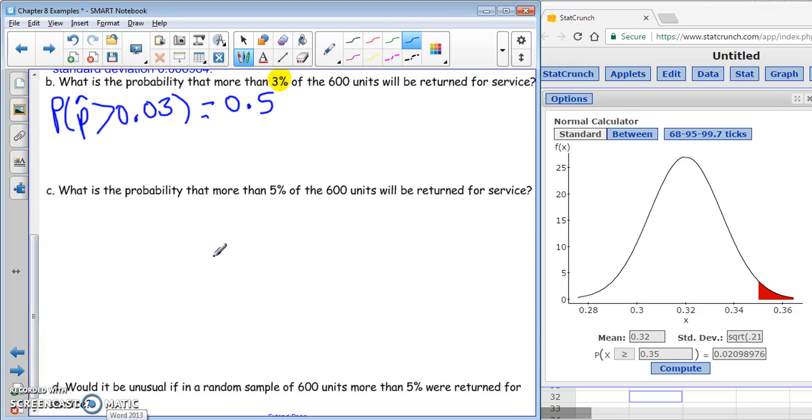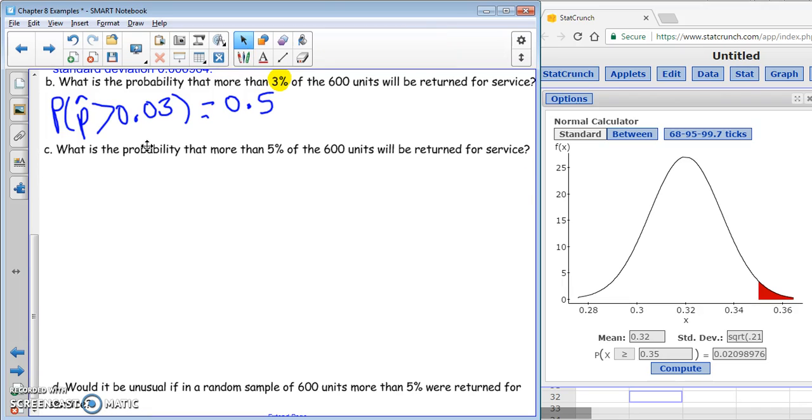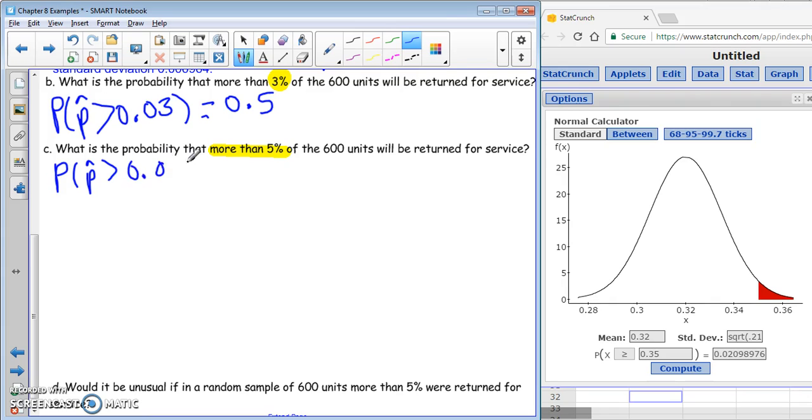Now we want to know the probability that more than 5% of the 600 units will be returned for service. So we're looking for the probability that p hat is greater than 0.05.